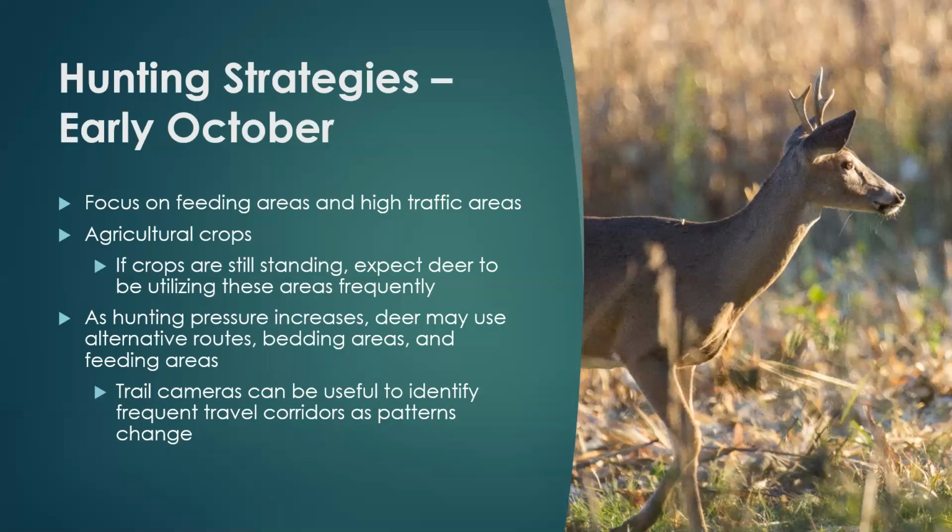We don't have corn and soybeans. That's great. I would much prefer to hunt areas that don't have agriculture crops, because think about it. If you have an entire square mile, 640 acres of corn, those deer can enter anywhere. They can leave anywhere. They can bed in there. So I personally try to find areas that really don't have a lot of agriculture crops in general.